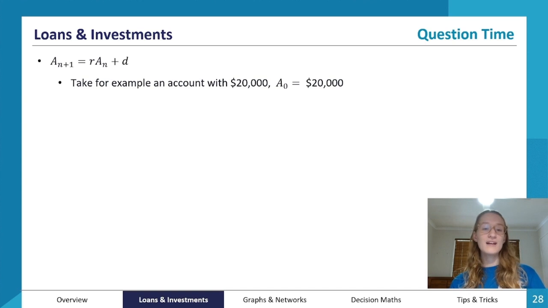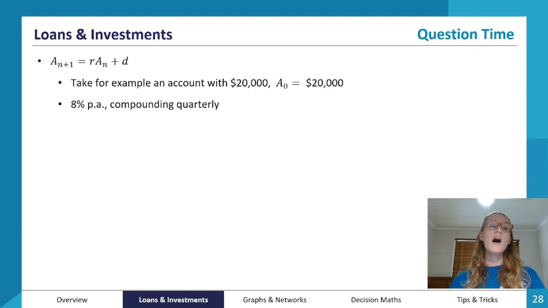Again, let's look at an example of an account with $20,000. But this time, it's not a loan of $20,000. Think of it like $20,000 in a savings account. Here we have an 8% per annum interest rate, and it's compounding quarterly.